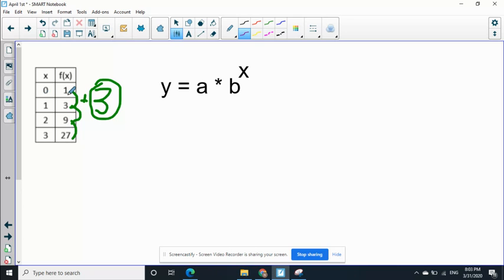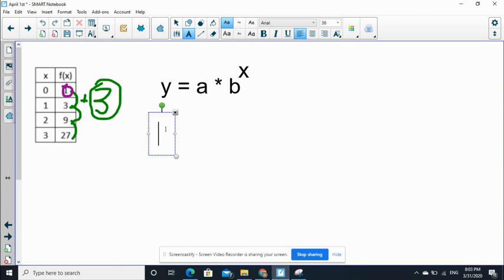The initial value is the value of y when x equals 0, so a equals 1. Let's put 1 instead. So y equals 1 multiplied by b, the factor, 3. And don't forget the power, which is x. 1 times 3 power x. We can ignore the 1 and keep the equation y equals 3 power x.